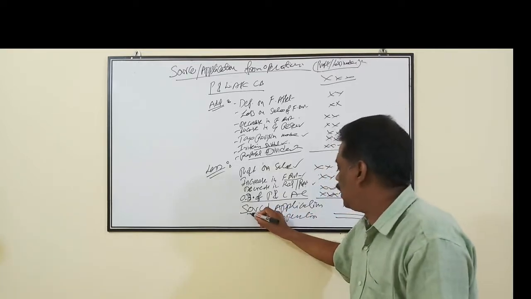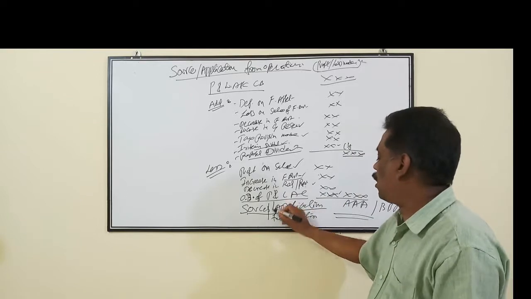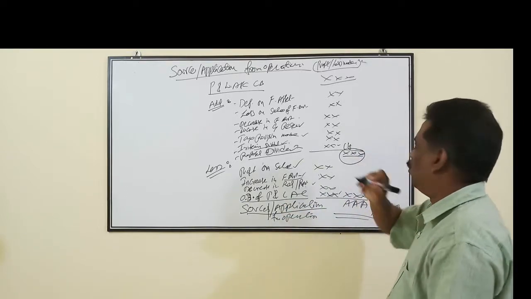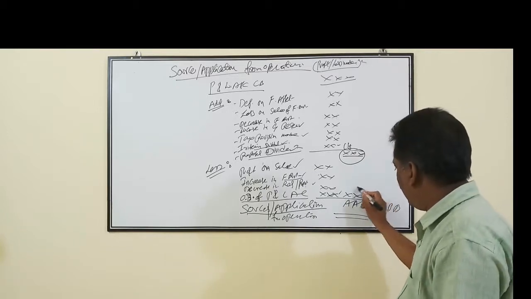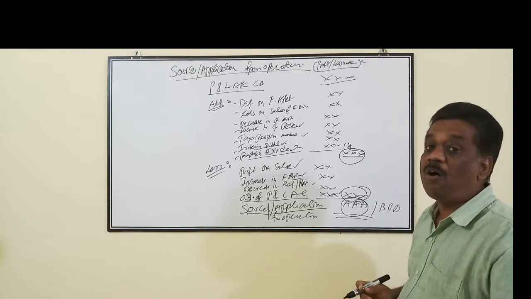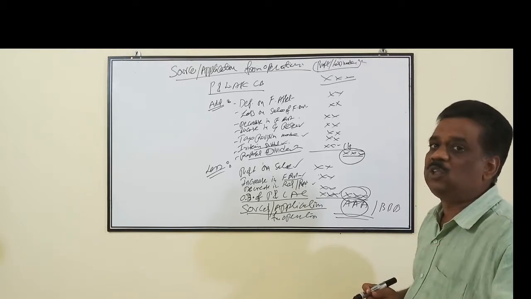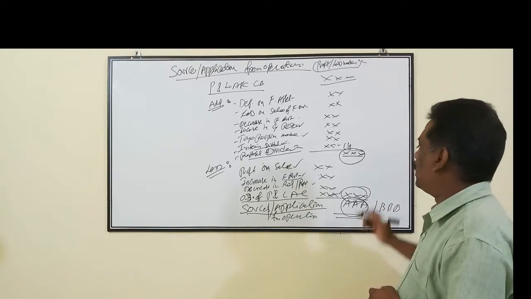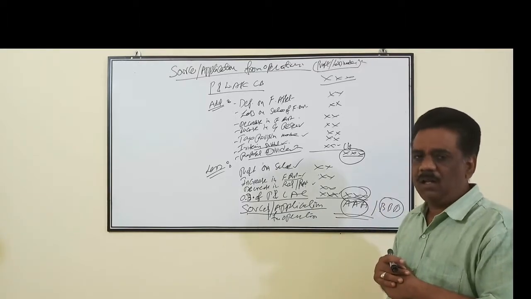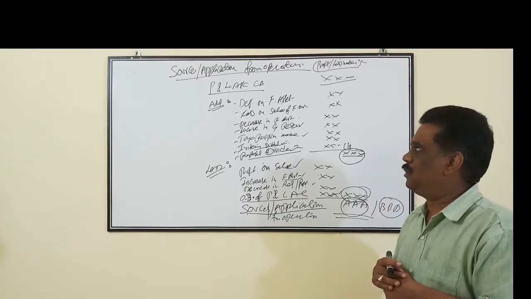Then the result is source from or application from operation. In case this total sum is higher, you will get the source from operation, the real profit made during the year. Otherwise, it is loss from operation or application from operation.